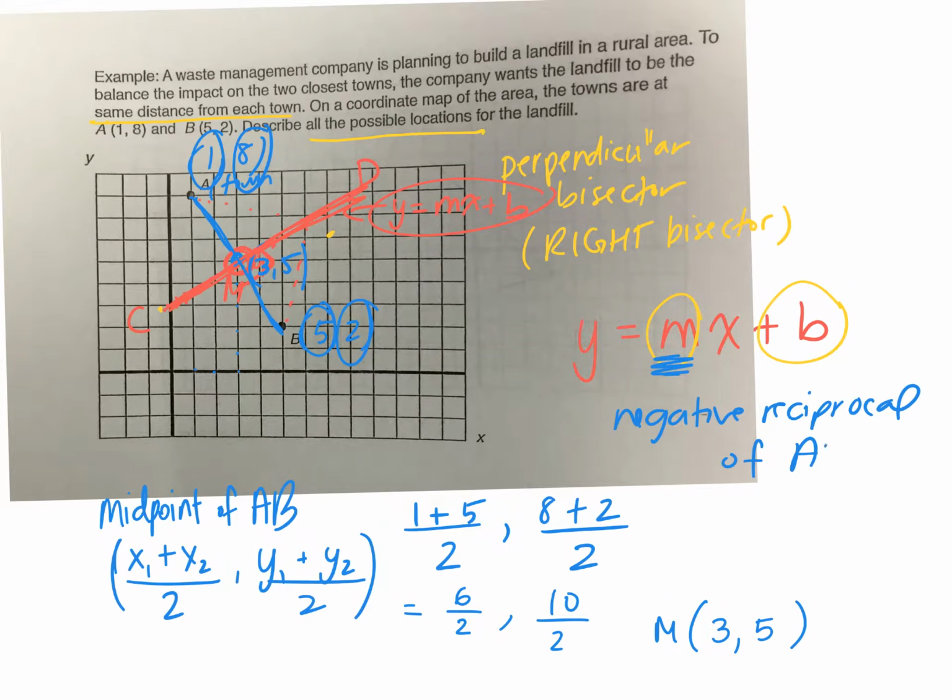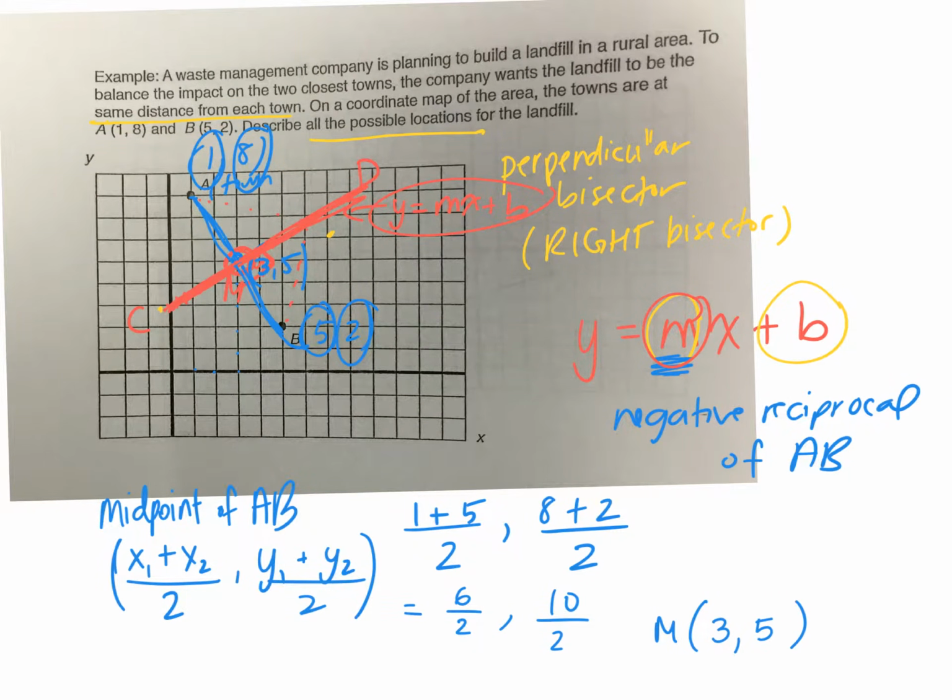Of AB. Remember back in grade 9, if you find the slope of one line, you know that a line perpendicular to it has a negative reciprocal slope. So what do we have to find now to figure out the slope? We're going to figure out the slope of AB, because whatever that is, we know that the slope of CD has to be a negative reciprocal.